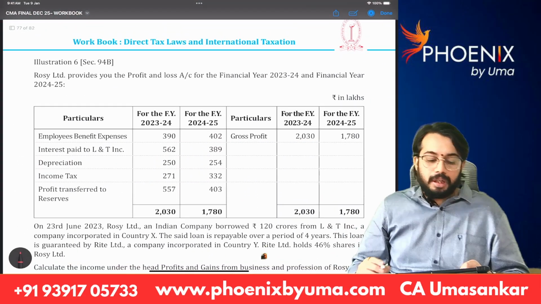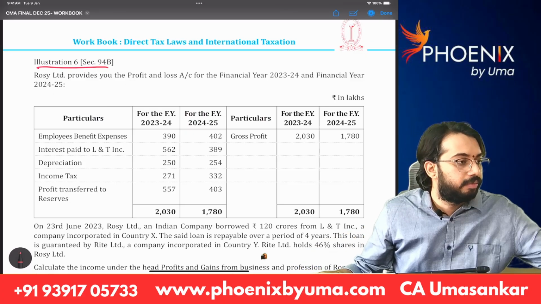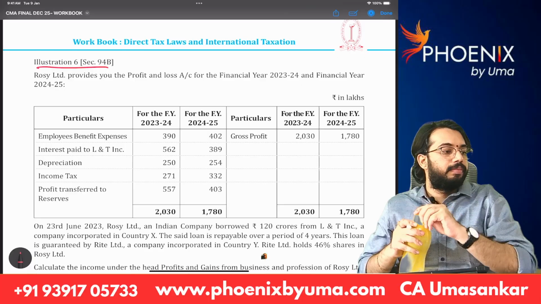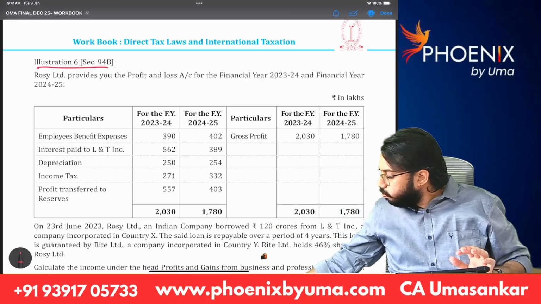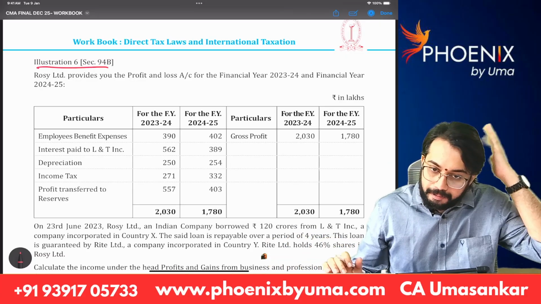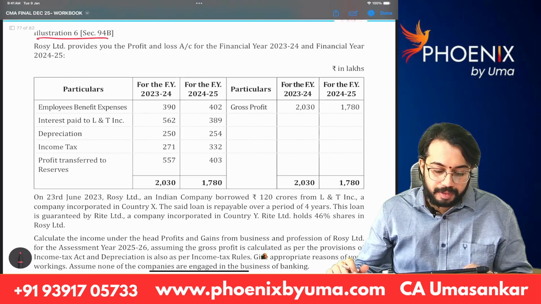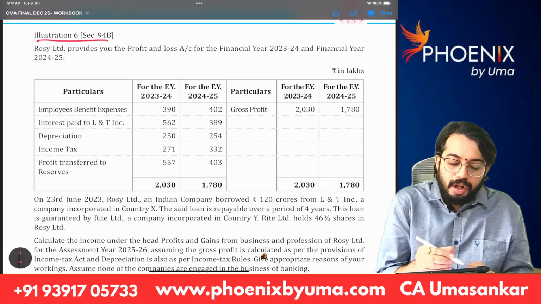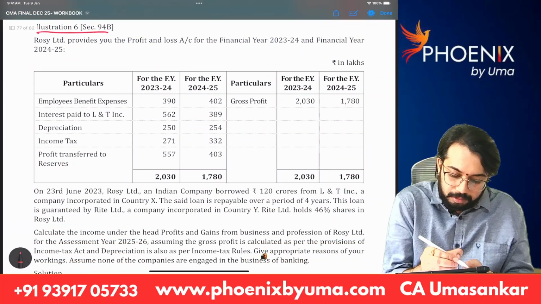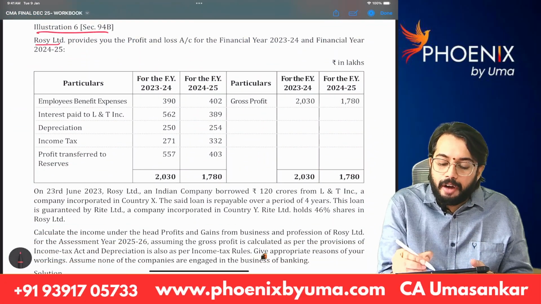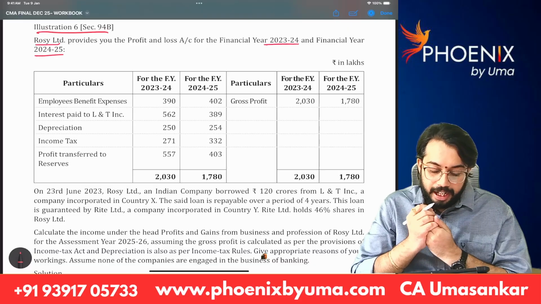In Institute Workbook, please open section 94B. Rosie Limited provides you profit and loss account for financial year 23-24 and financial year 24-25.